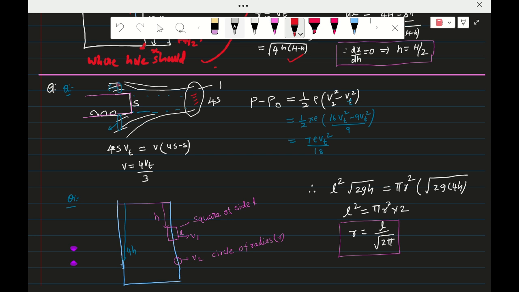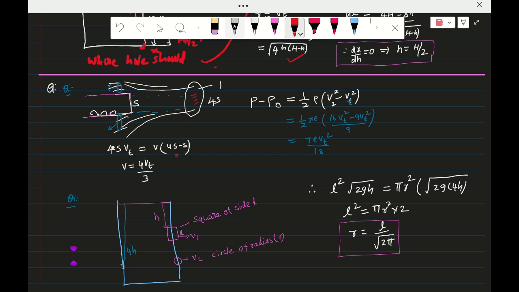So now here, the winds are moving in this gap, on both sides of the train. So the area of that gap is equal to 4S minus S. S is the area of the front part of the train and 4S is the tunnel's area.